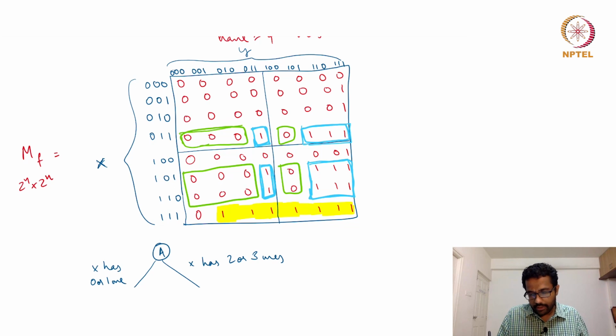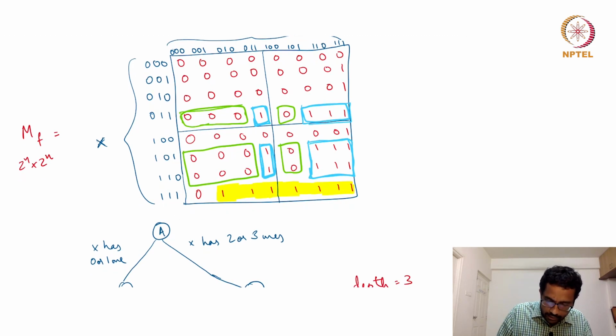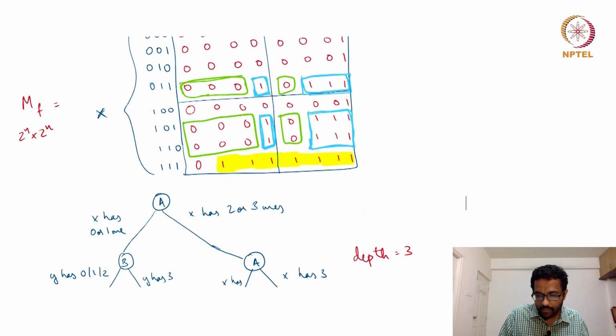So there is this notion of a combinatorial rectangle. A combinatorial rectangle is nothing but you are picking a certain number of rows and some columns, and you take the cross product of that, and that is what is happening with the blue outline, green outline and the yellow highlight here.